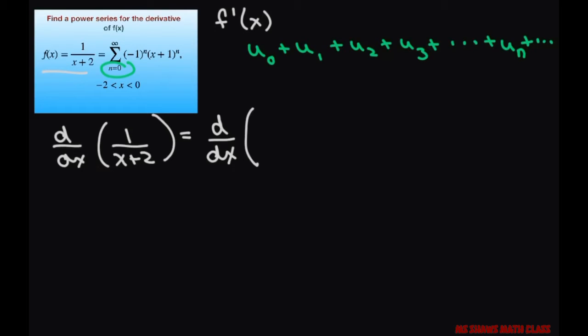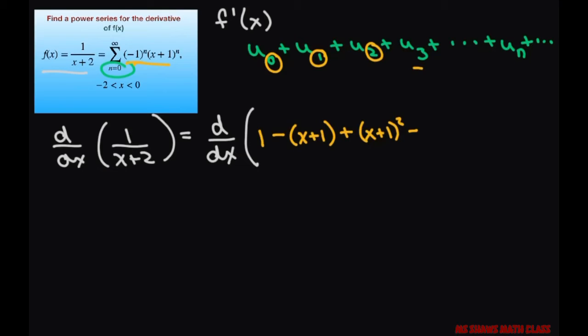When you substitute in 0 into this formula, you're going to get 1. When you substitute in 1, you're going to get minus x plus 1. And when you substitute in 2, this is going to change to plus because of the negative 1 here: x plus 1 squared.